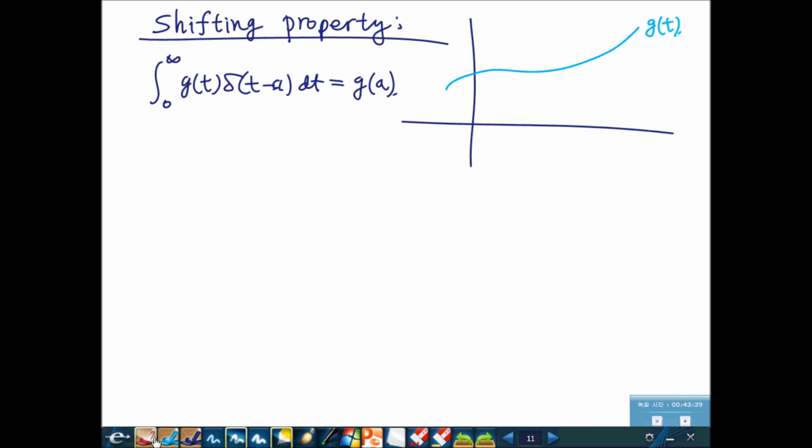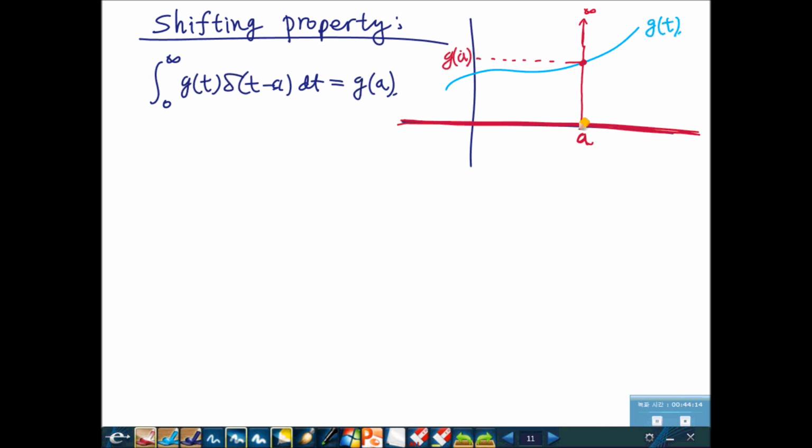And a is here. Then that's Dirac's delta function, right? Then what is it? It's g of a, right? Otherwise 0. Only one value exists here at a, and otherwise 0. Okay? So it's like infinitesimal shifting.